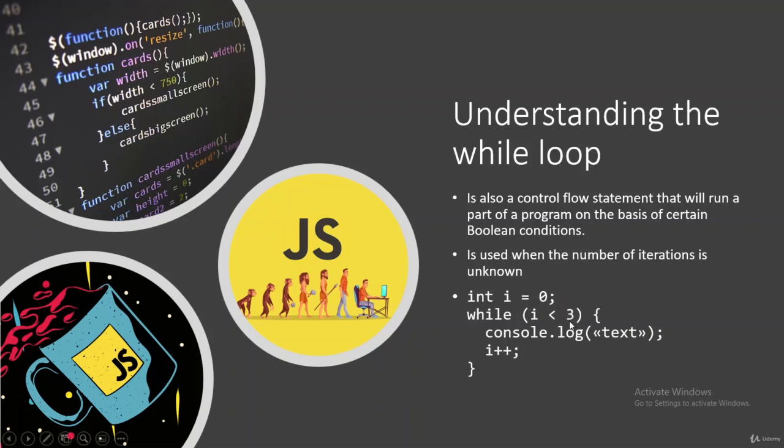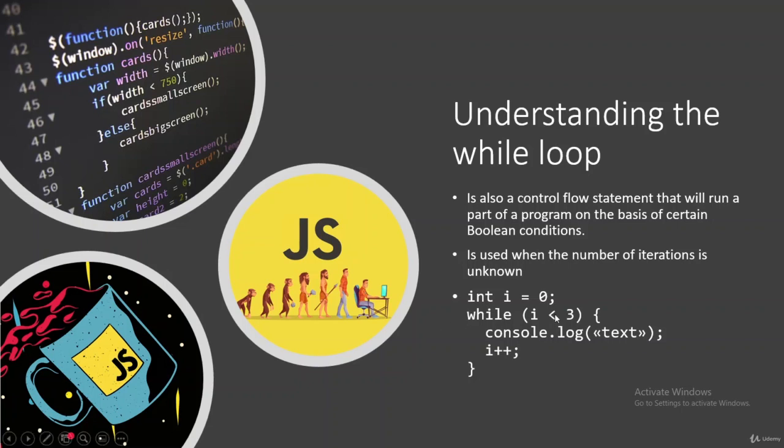In this case, we have another variable called i, of type int. Right now it's equal to 0. So until i is smaller than 3, we want our program to run.